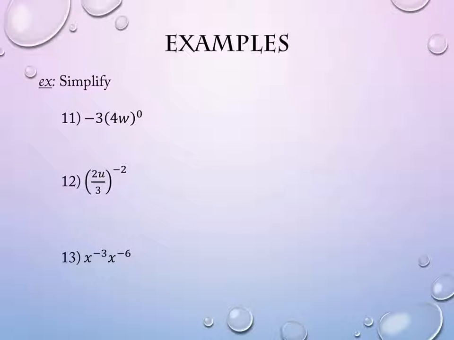Does anybody think they have 11? Like on 11, what do you multiply? Do you just do the exponents on this? Not quite. Anybody have 11 done? Okay, Sadie, that's not right. Sarah's going to do number 11 for us. She has it.